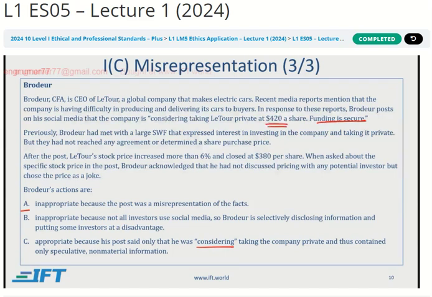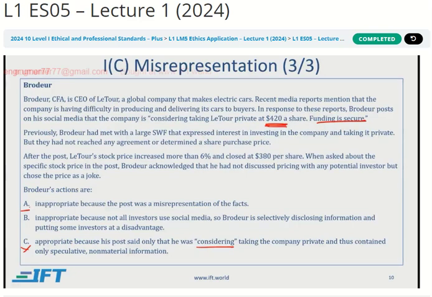Okay, so now notice that in his post, he is saying that funding is secure and he gives a price. So it is natural that those who will see this post will then anchor a price of 420 in their heads. So this is quite clearly misrepresentation. Therefore, the last option, which suggests that this is an appropriate action, cannot possibly be correct.